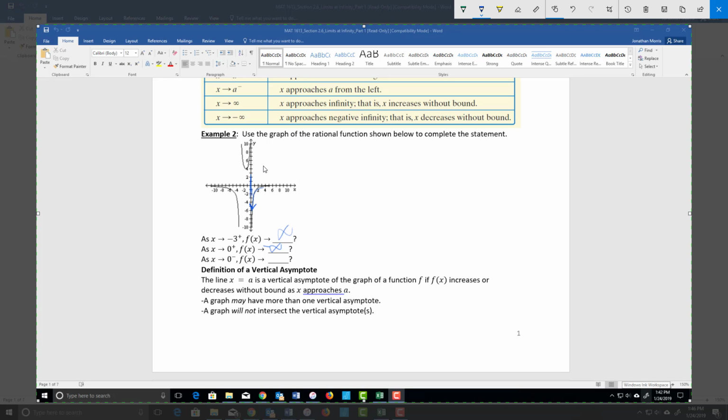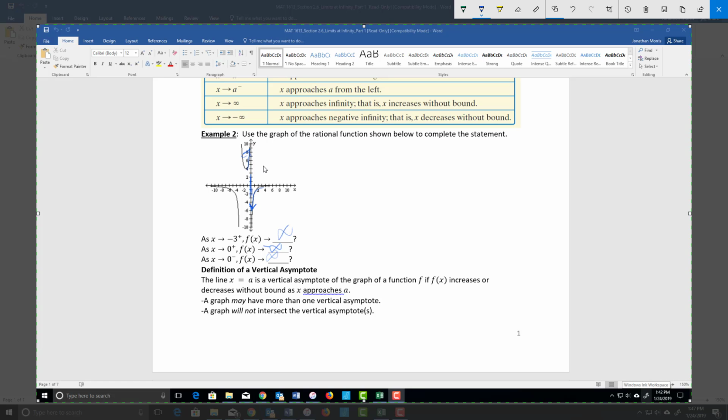Now it's asking us as x approaches 0 from the left side, so from the left side of that y-axis. In that case, those y values would go to positive infinity, it looks like.